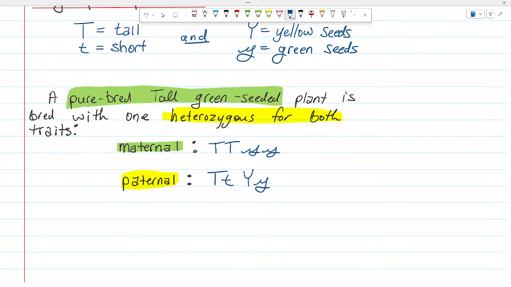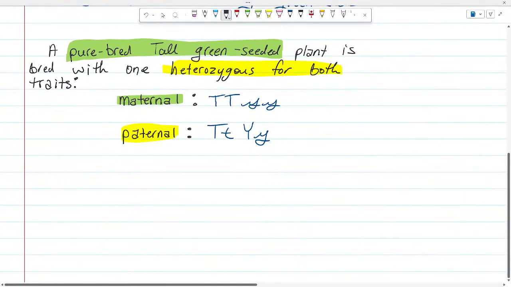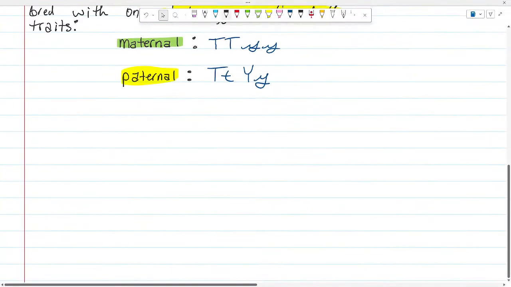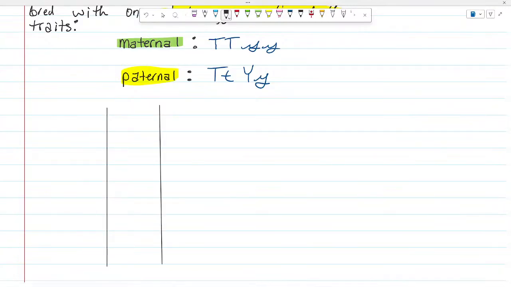You'll either get the big T with big Y, or you'll get big T with... We're not talking about making a Punnett square, not talking about the offspring yet. We're just talking about how many ways we can make sex cells here. Because this is going to be a more complicated Punnett square. It's going to need to be a 4x4 grid.